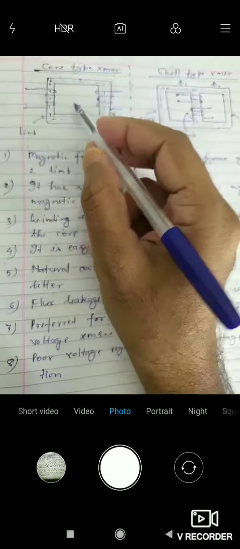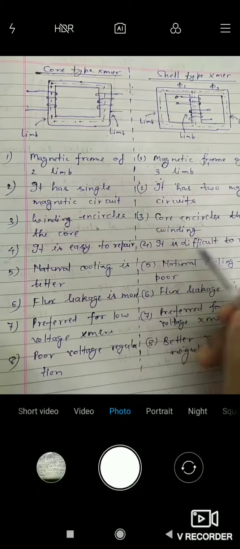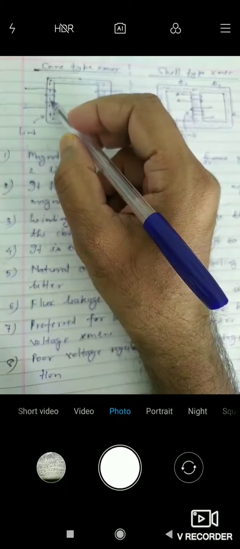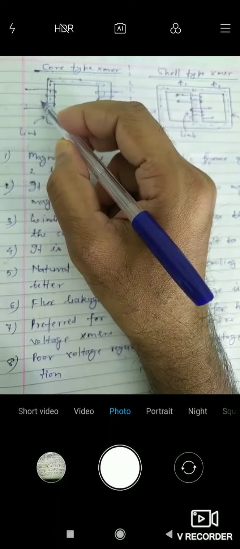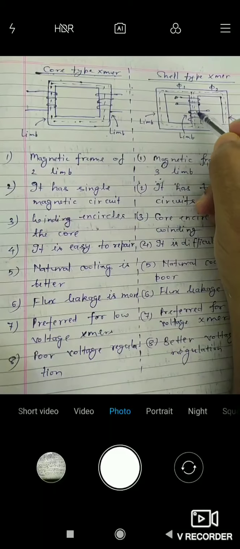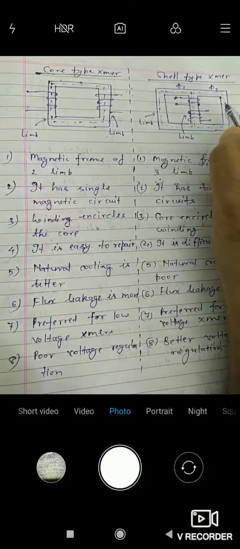So we can say in this transformer it is easy to repair, whereas in this transformer it is difficult to repair. Now as these windings are not surrounded by core, natural cooling is better here, because this is in direct contact with the air, whereas natural cooling will be a little bit difficult because the windings are enclosed by this core.